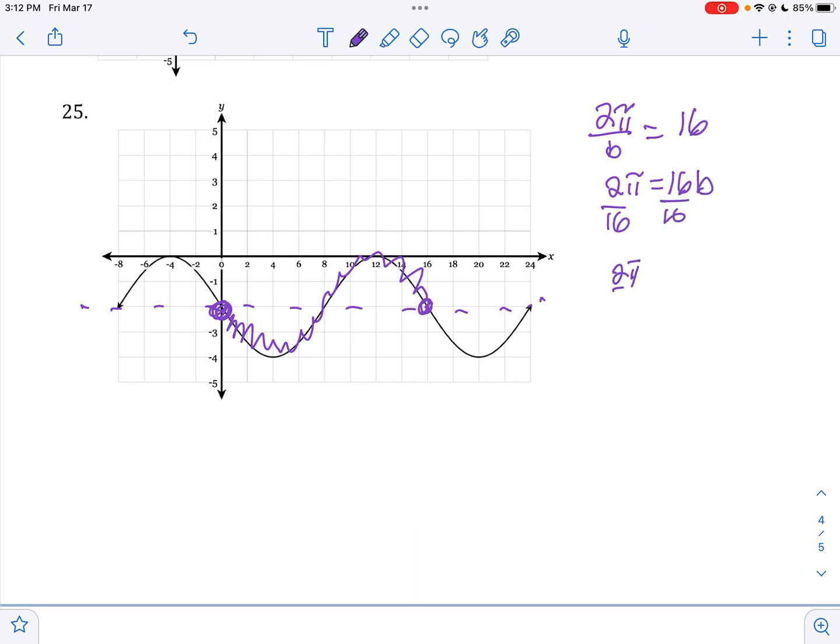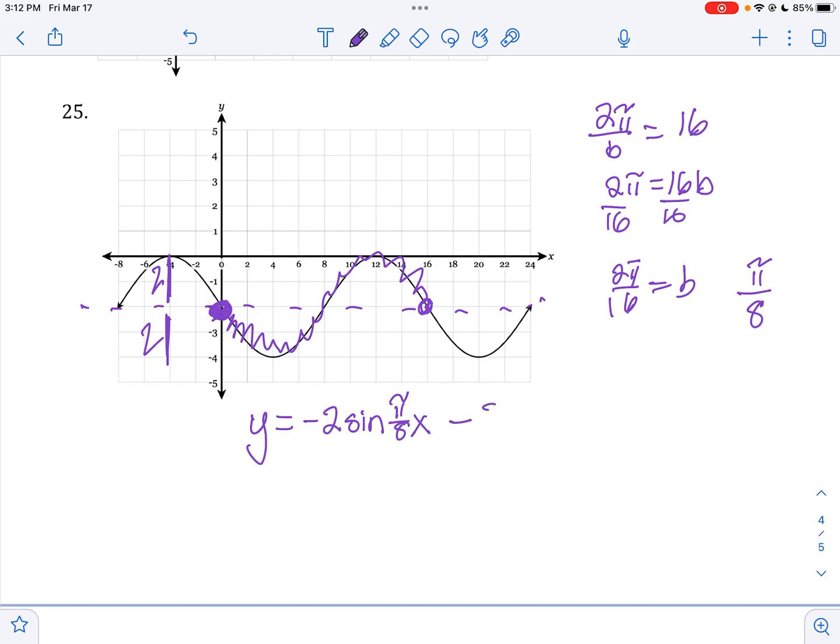So 2 pi over 16 equals b. So that would be pi over 8. And it starts in the center, but then it goes down. So I'm going to start this with a sine function. So y equals negative. Let's see, our amplitude, again, is 2. The sine, our b value, is pi over 8 x.